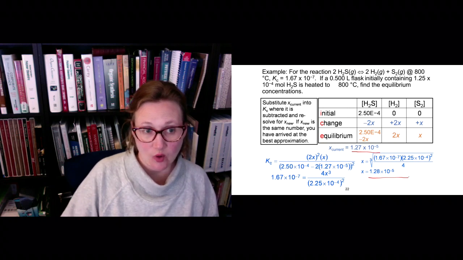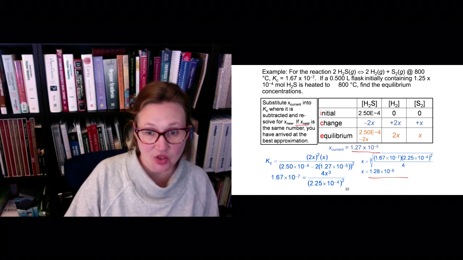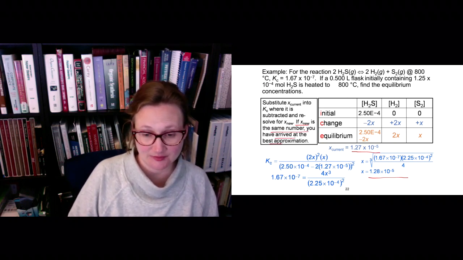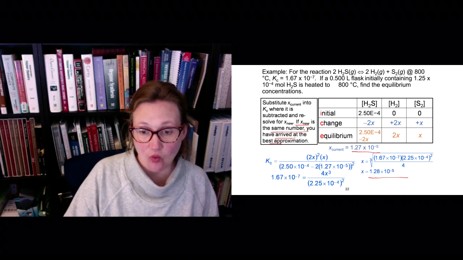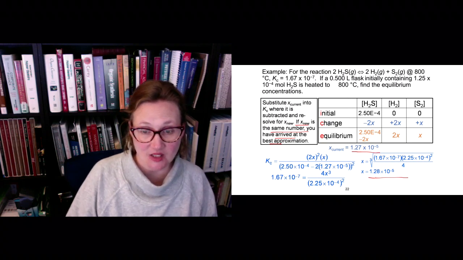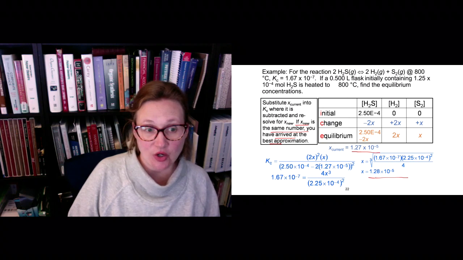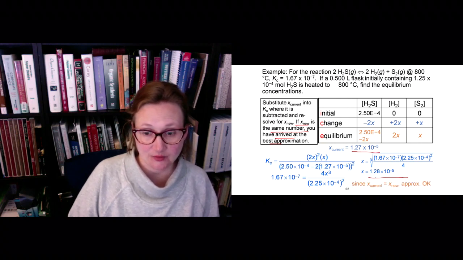What we're saying here is that if x new is the same number you arrived at, it's your best approximation. Either 1.27 times 10 to the minus 5 or 1.28 times 10 to the minus 5, both of those are your best approximation.